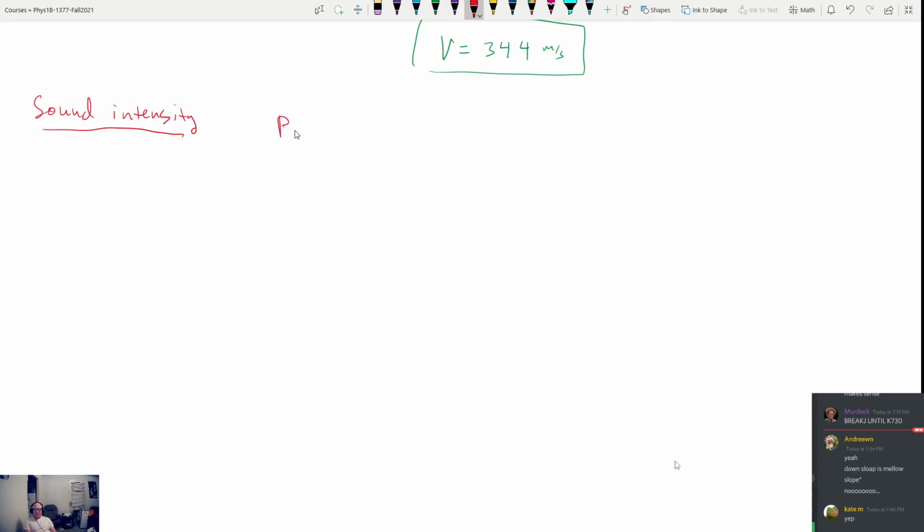If I take the pressure as a function of x and time, which we know, it was B k A sine of kx minus omega t, right? That was our pressure function. And the velocity function of x and t was pretty similar, it was just k A sine of kx minus omega t, right?